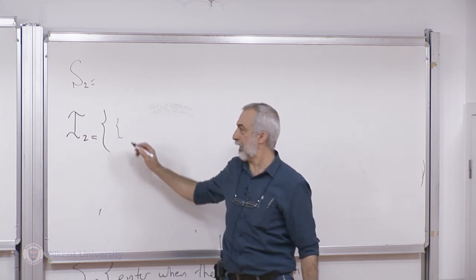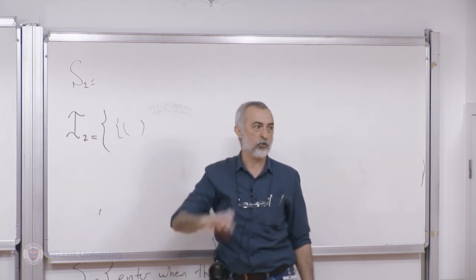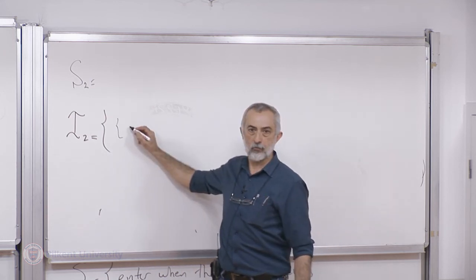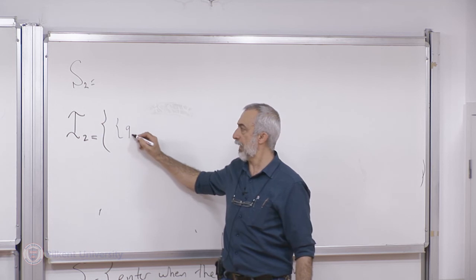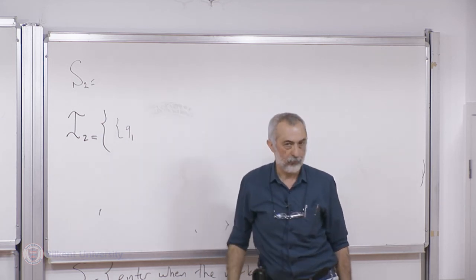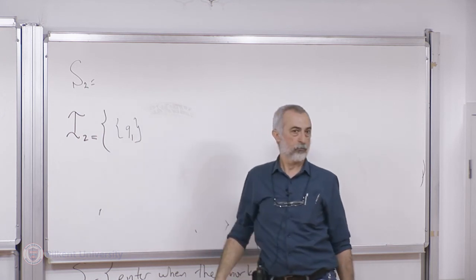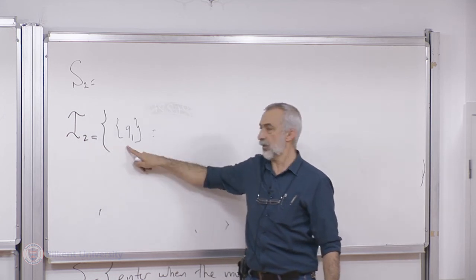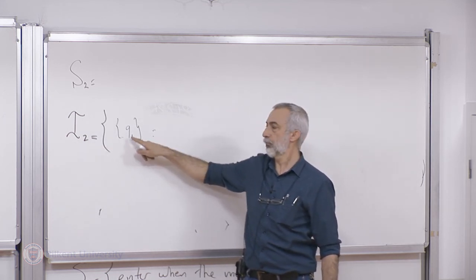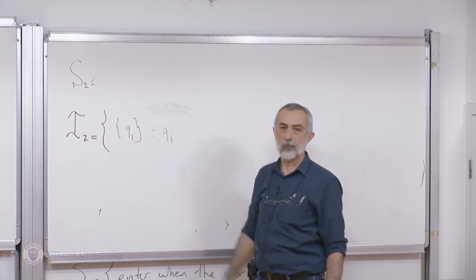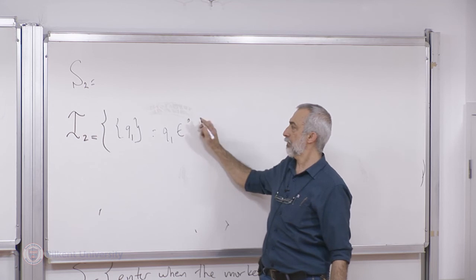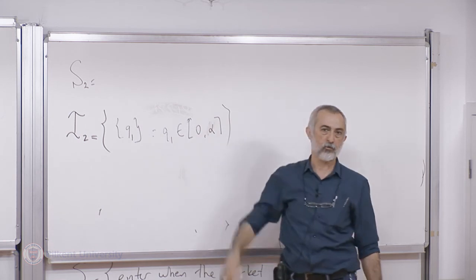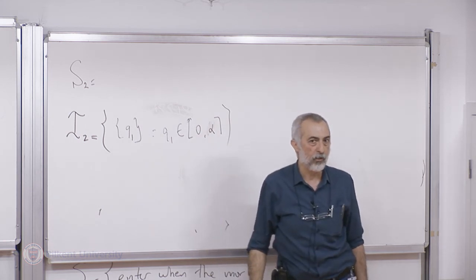By the way, from now on, when I'm writing a history, I'm not going to put these brackets. I'm going to save some ink. A history will consist of a single action of player 1. So the information partition consists of singletons of the form Q1, where Q1 is an element from 0 to alpha, but you can take it to be infinite too, it doesn't matter, okay?